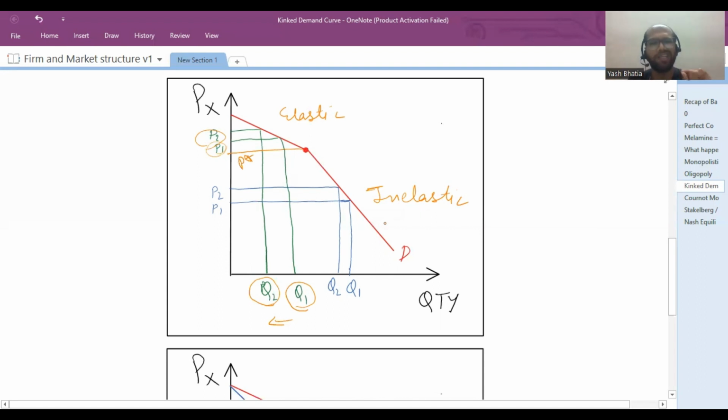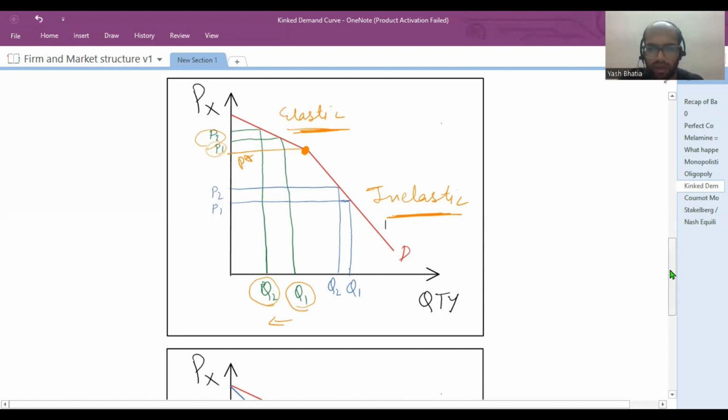Change in quantity demanded is higher because the demand curve above the kink is elastic and the demand curve below the kink is inelastic, right? So this is our kink demand curve. What you need to remember here is that the demand curve above the kink price is more elastic, and the demand curve below the kink is inelastic. This is the conclusion of the kink demand curve.